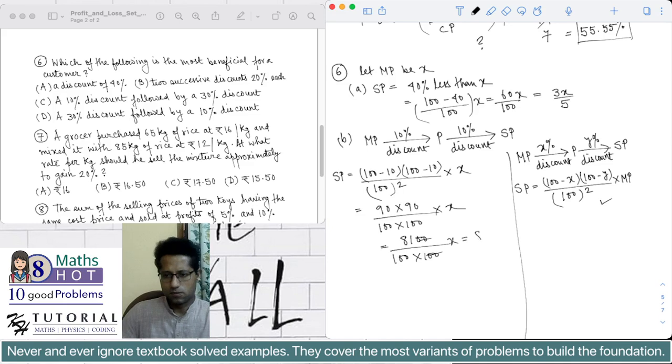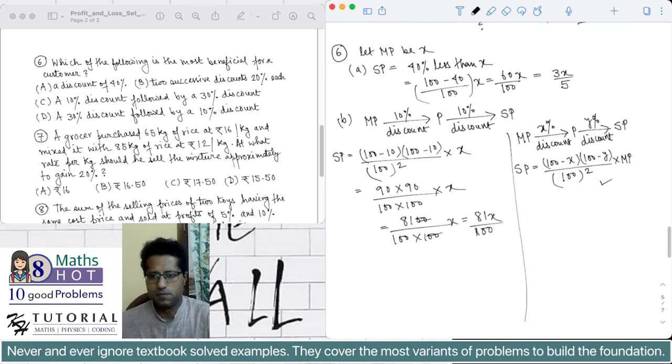This is equal to 81X by 100. So this is choice B. Eventually we are finding the selling price for all the choices, and we have to see which selling price is the least.